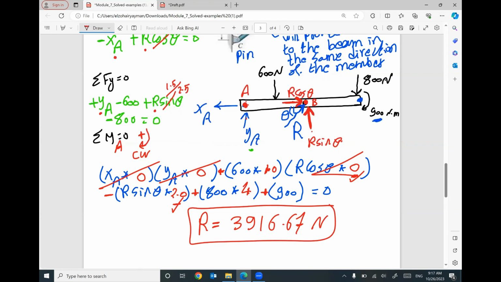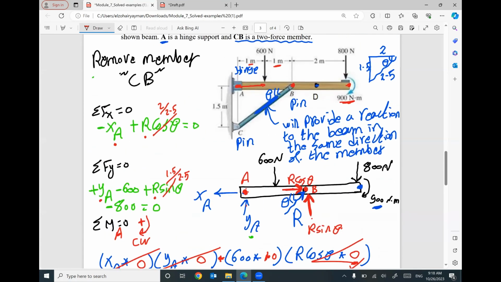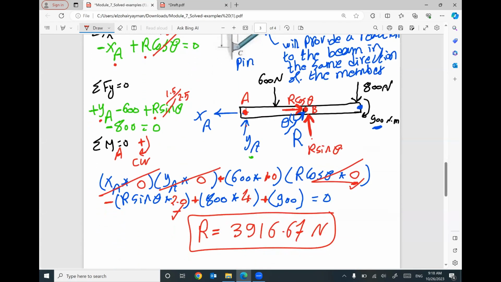So I have 600 times 1 plus 800 times 4 plus 900, divided by 2, divided by sine, this angle is 1.5 divided by 2.5.